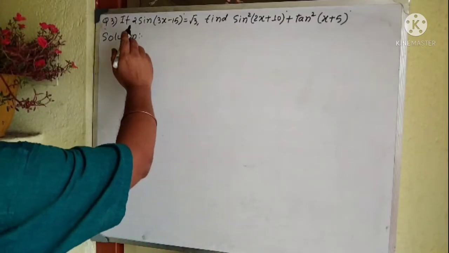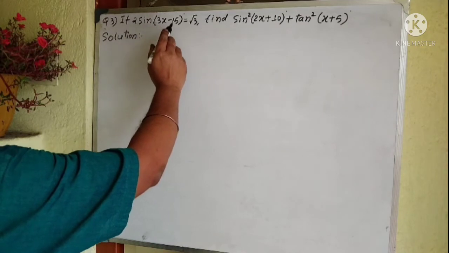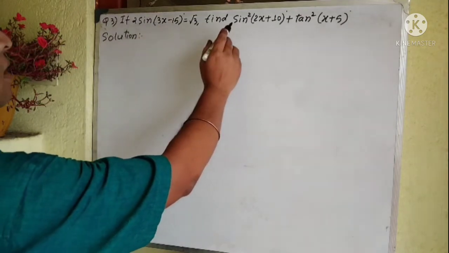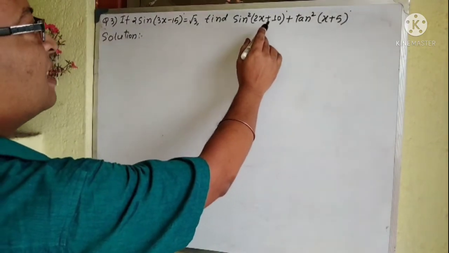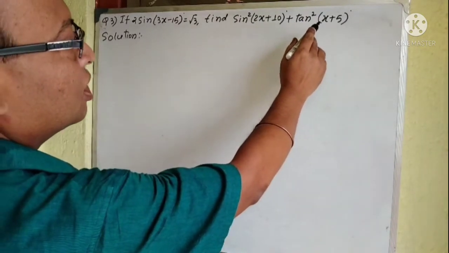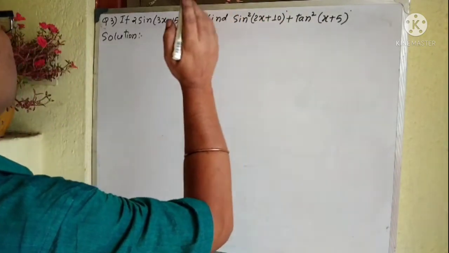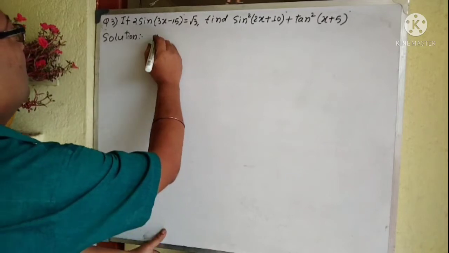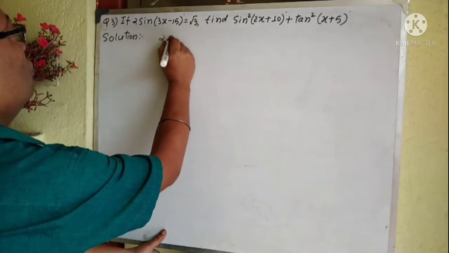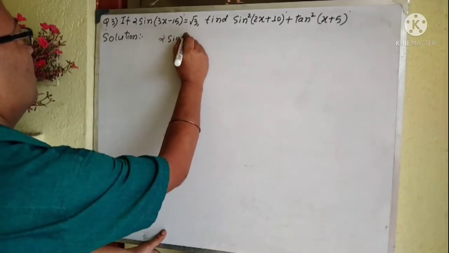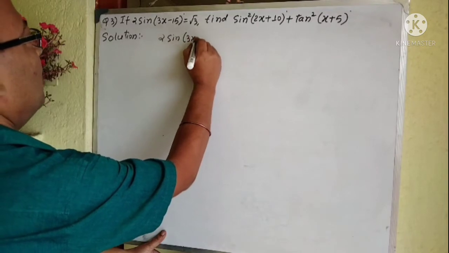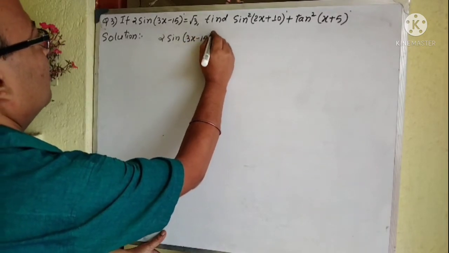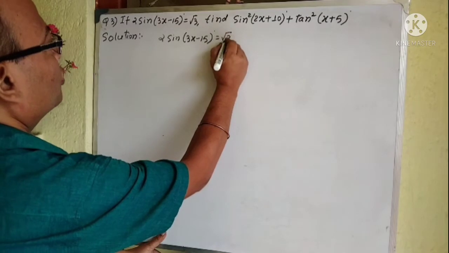Take another question. If 2 sine 3x minus 15 degree is equal to root 3, we have to find out sine square 2x plus 10 degree plus tan square x plus 5 degree. Okay. So 2 sine 3x minus 15 degree is equal to root 3.